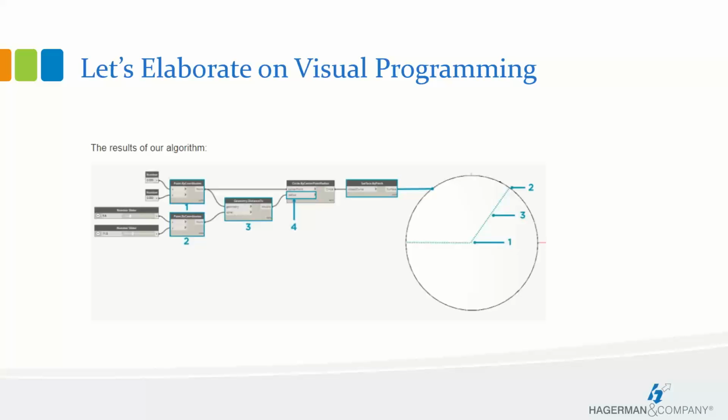So let's take a look at this slide and see how visual programming would look inside Dynamo. You can see that we have our algorithm on the left and our results displayed on the screen for us to see.